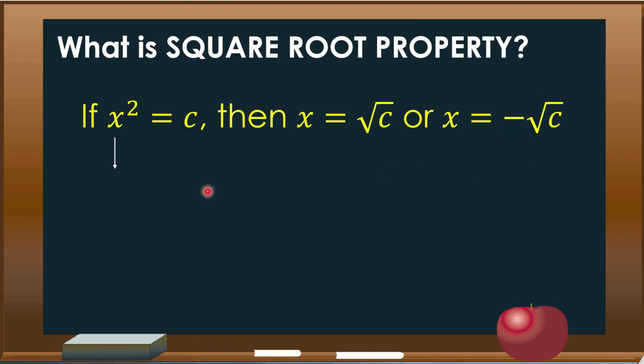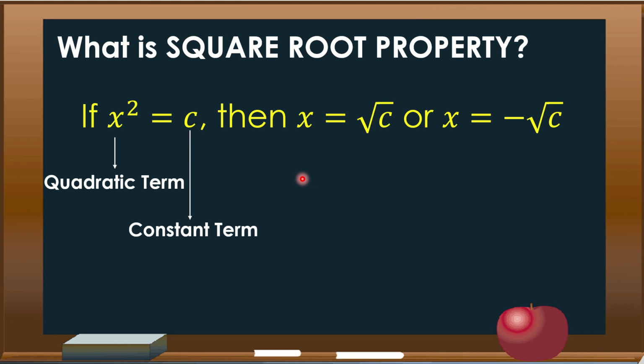When you say x squared, ito yung nasa una natin video, the quadratic term. And when you say c, this one is the constant term. If you notice, wala pong bx or the linear term. Yes, because when we are applying the square root property, usually talagang 0 si linear term.